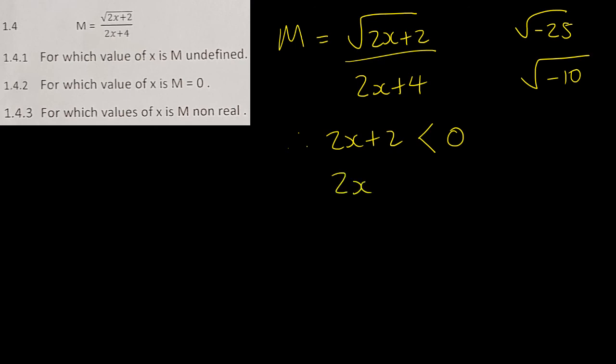So I say 2x is less than minus 2. Divide by 2 on both sides, and x is less than minus 1. So if we punch in any number less than minus 1, for instance, minus 2, I'll have 2 times minus 2 is minus 4. Minus 4 plus 2 will give me minus 2, and the square root of minus 2, we can't find the answer for that. So therefore it is non-real.